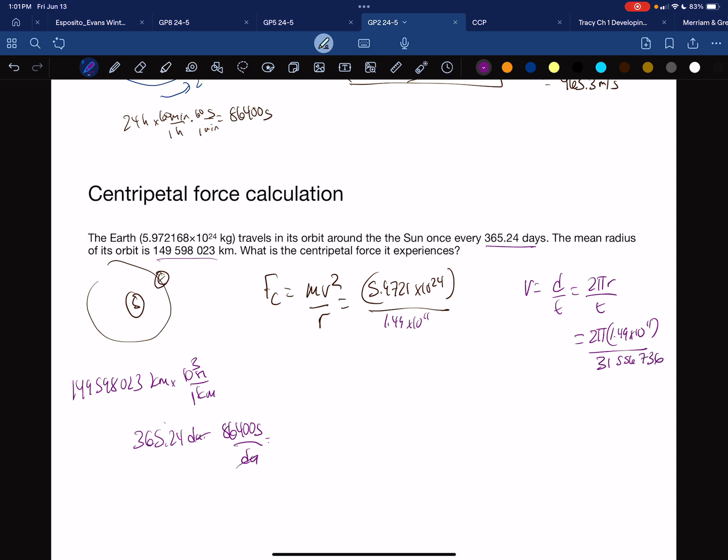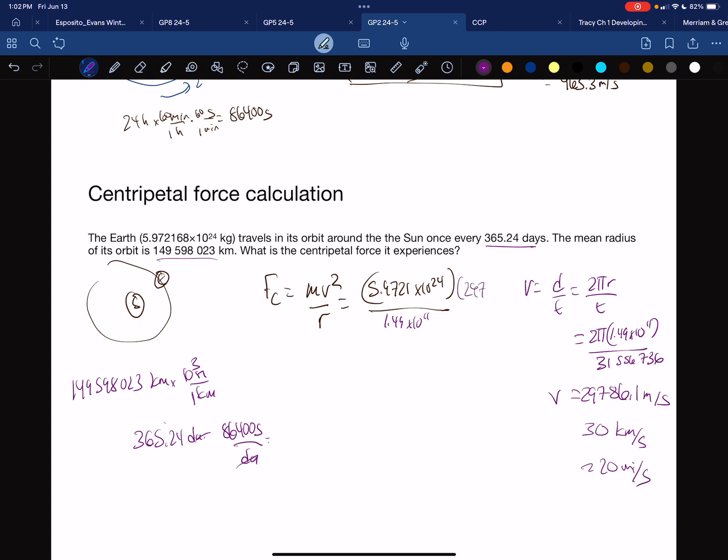So we do the math out on that, and we get 29,786.1 meters per second. Whoa! 30,000 meters per second. That is 30 kilometers per second, about 20 miles per second. That's pretty fast. We're traveling in our orbit around the sun.